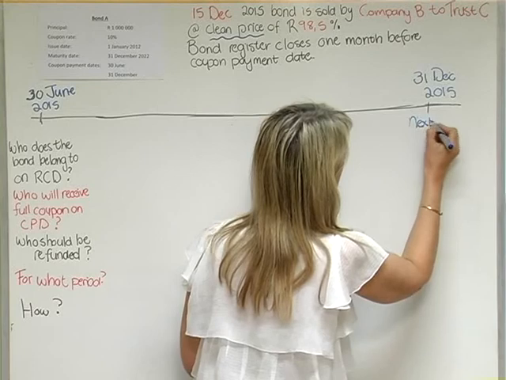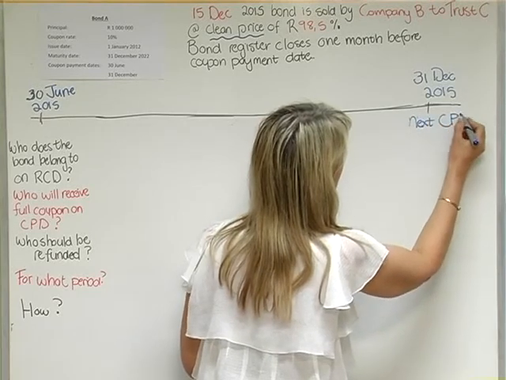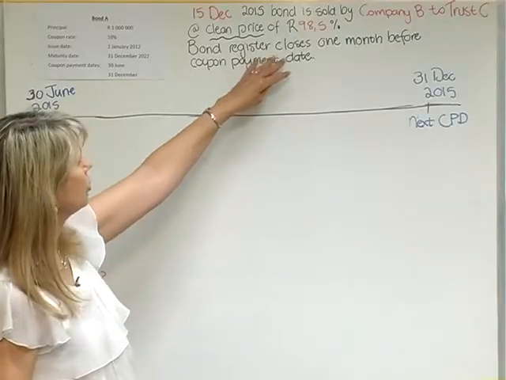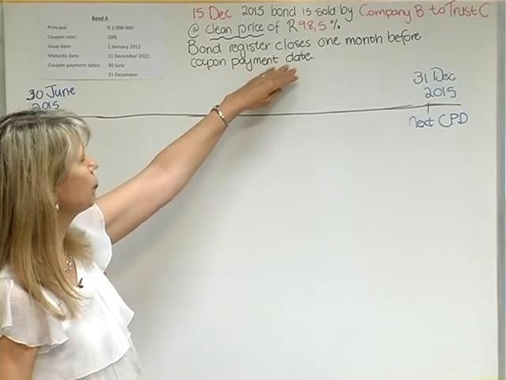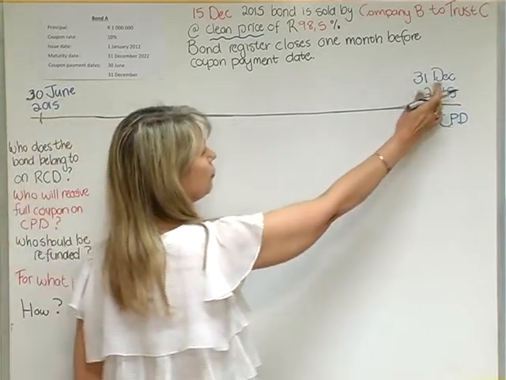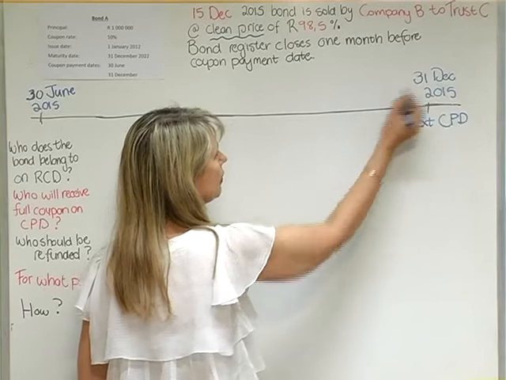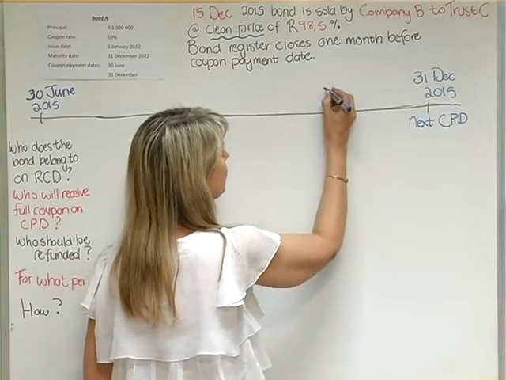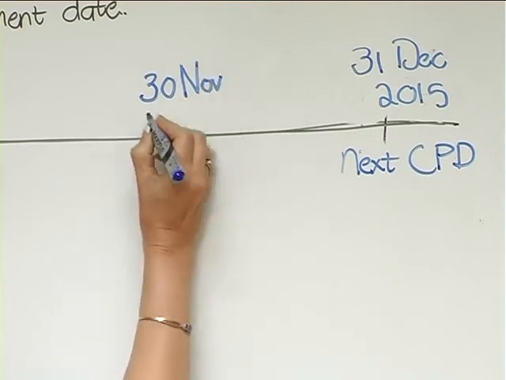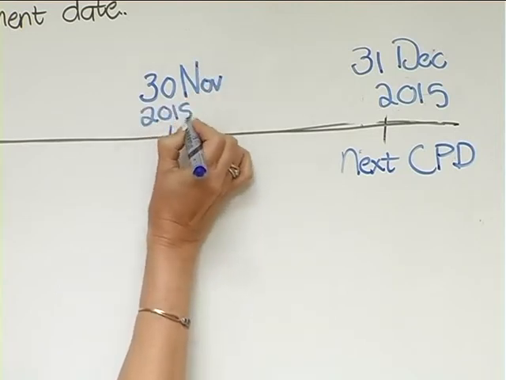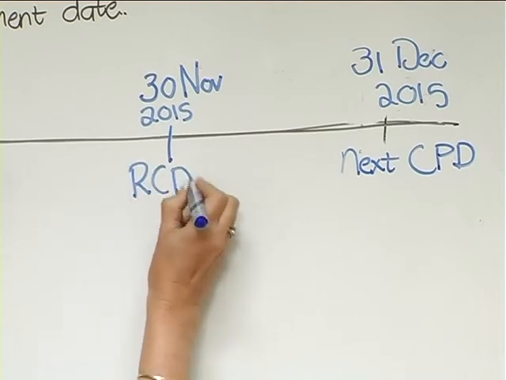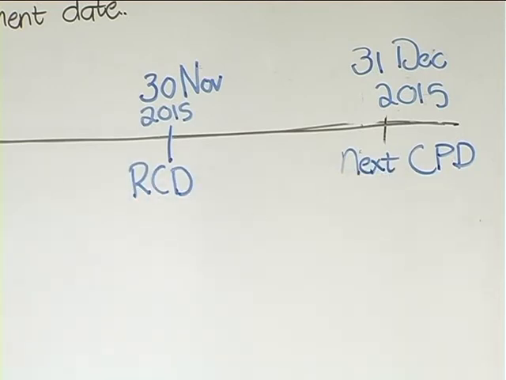Then we said that the bond register closes 1 month before the coupon payment date. So 1 month before 31 December would be 30 November 2015.